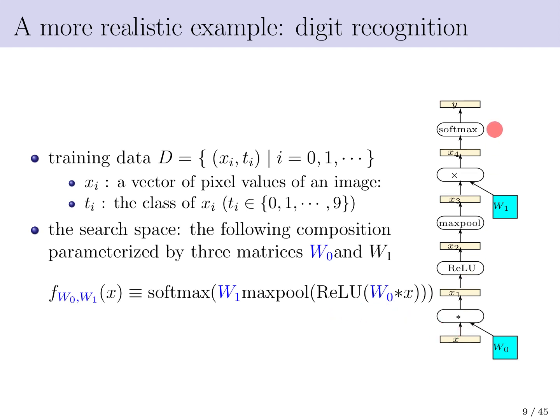But in this particular example, it can be written mathematically as something like this. But let me explain in the picture. So here's the input, and as the first step, it goes through something called convolution, the convolution of matrix W0 and vector X. Well, it is actually a two-dimensional array, which is a 2D image.